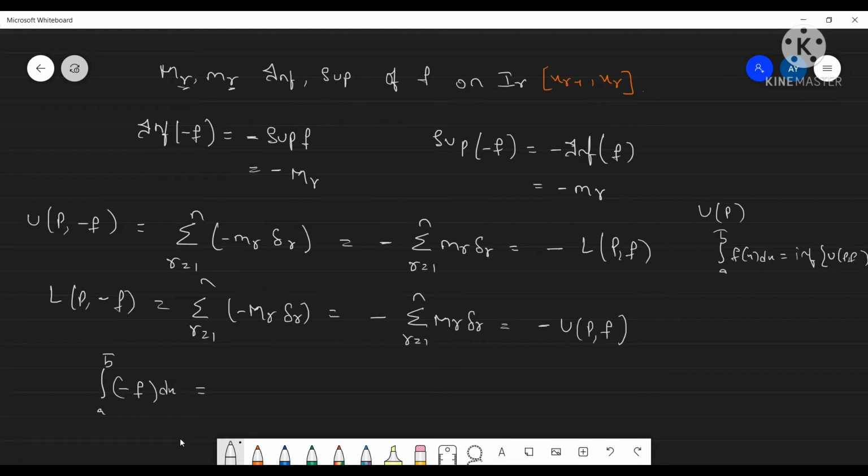So that is what we have to write: infimum of all the U(P, minus f), such that P belongs to phi of a, b, the set of all partitions.